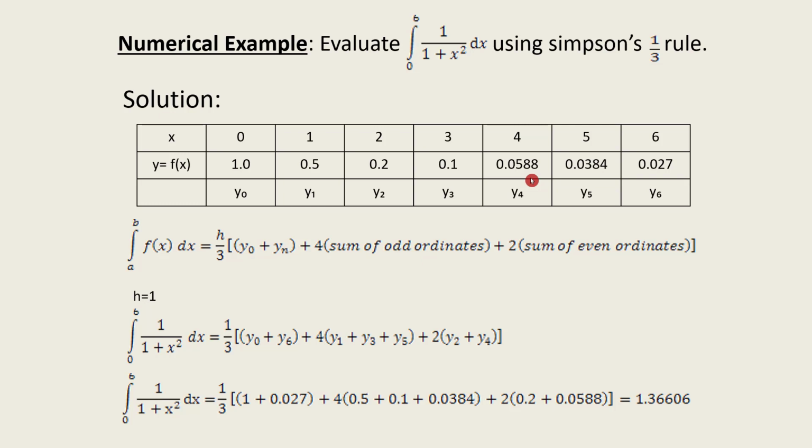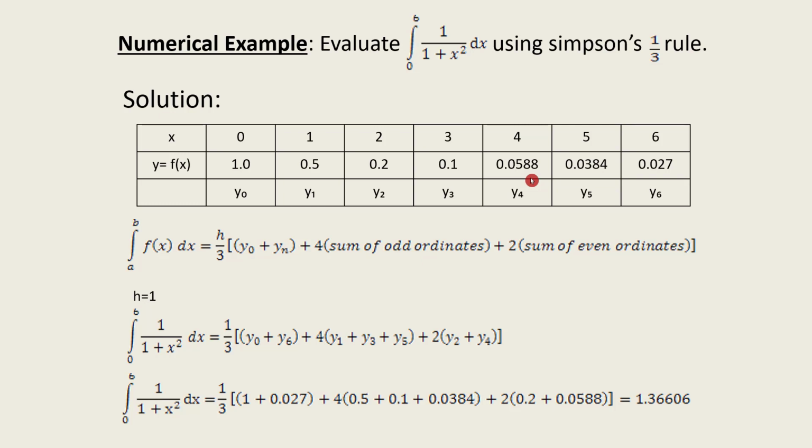Now, according to Simpson's one-third rule, the general equation is as follows. The integral from a to b of f(x) dx is equal to h/3 times [y0 plus yn plus 4 times the sum of odd ordinates plus 2 times the sum of even ordinates], where h is the difference between the intervals, which is 1 in our case, and y0, y1, y2 are the f(x) values.